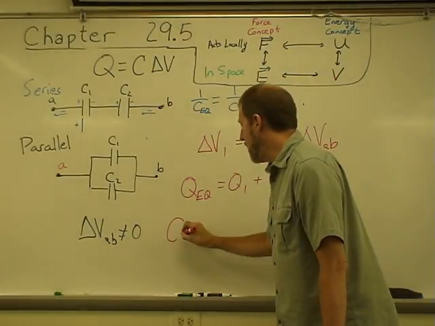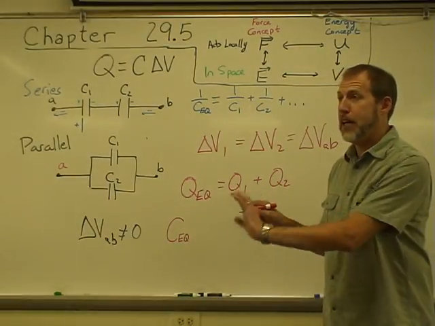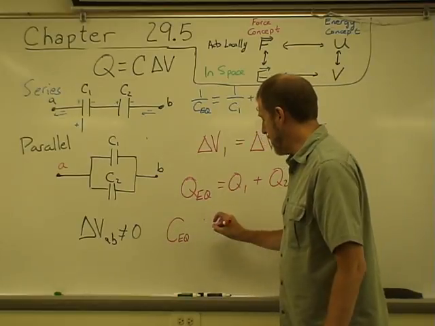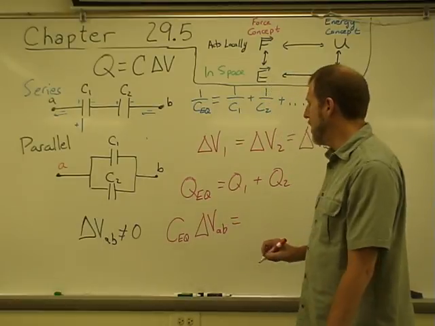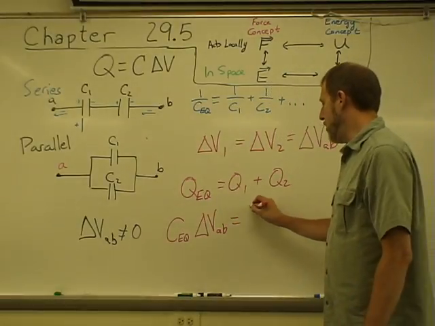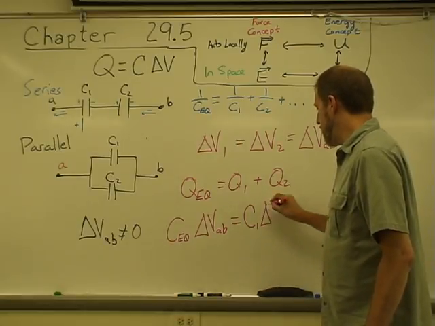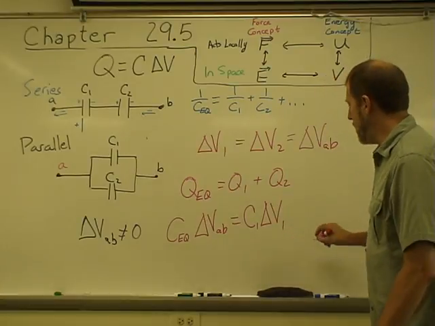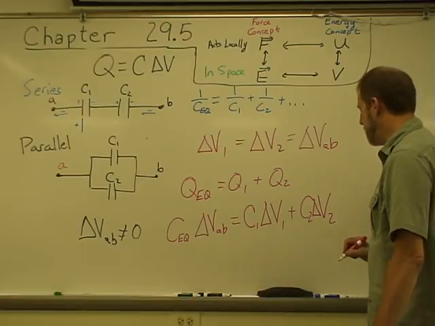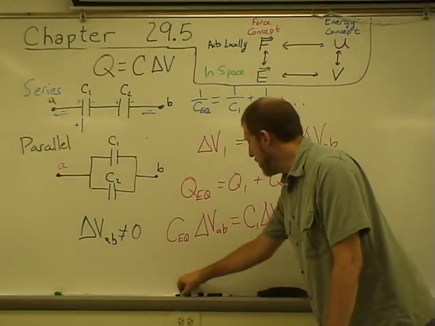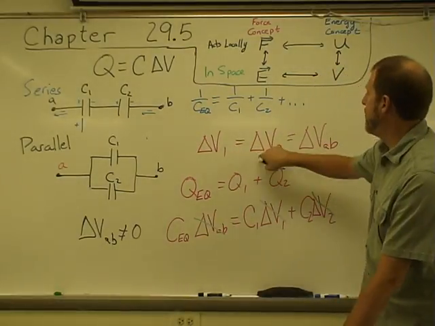So the capacitance of the equivalent imaginary capacitor, where one capacitor represents however many we have in parallel, times the change in potential from point A to point B, is equal to C1 times the change in potential over capacitor 1 plus C2 times the change in potential over capacitor 2, but all three of those are the same thing.